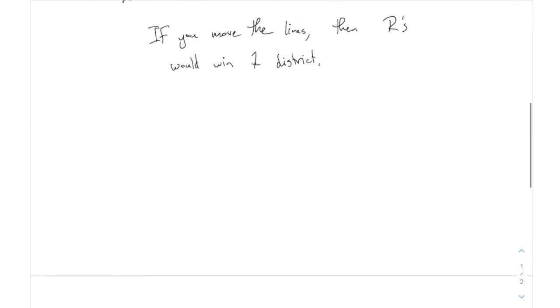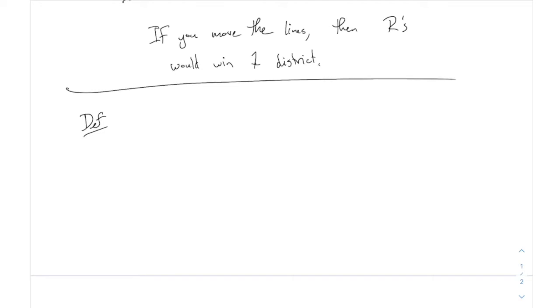There's a big term for this in political science called proportional representation, which is a general concept that democracies kind of aim for. So the idea, I'm gonna make a little definition here.